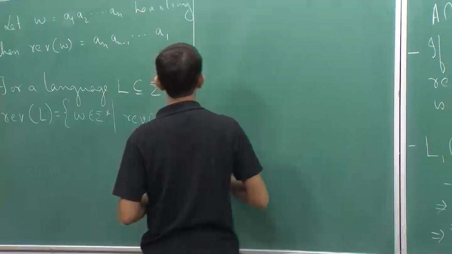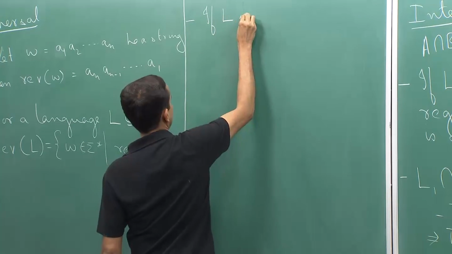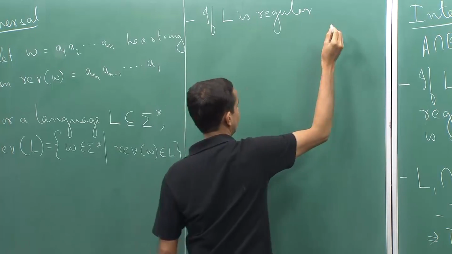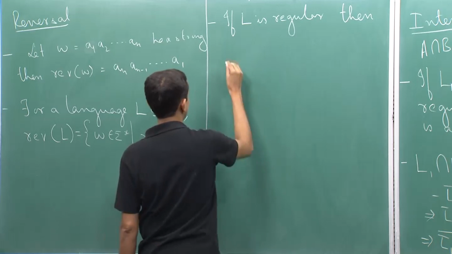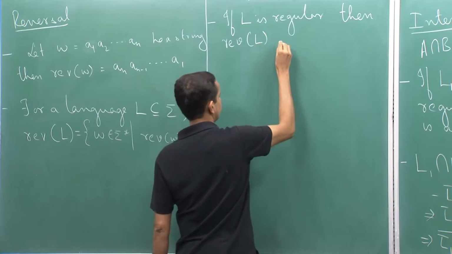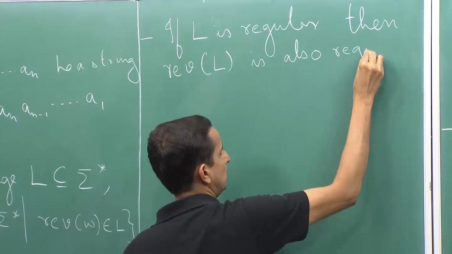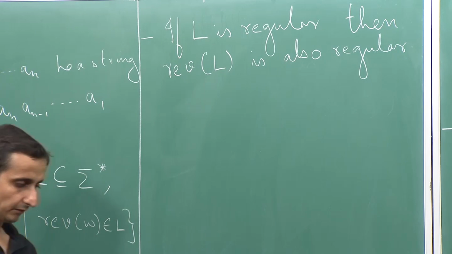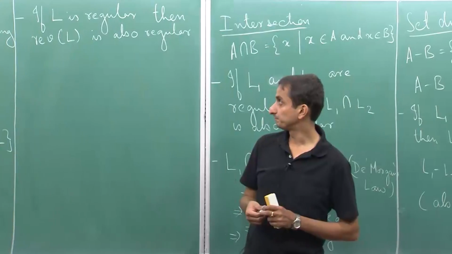So, if L is regular, then reverse of L is also regular. What is the proof for this statement? How do we prove this?